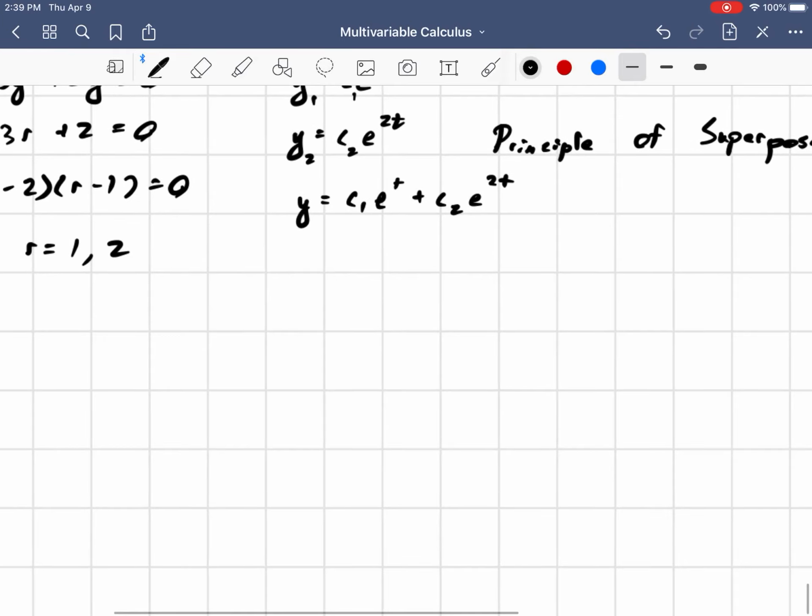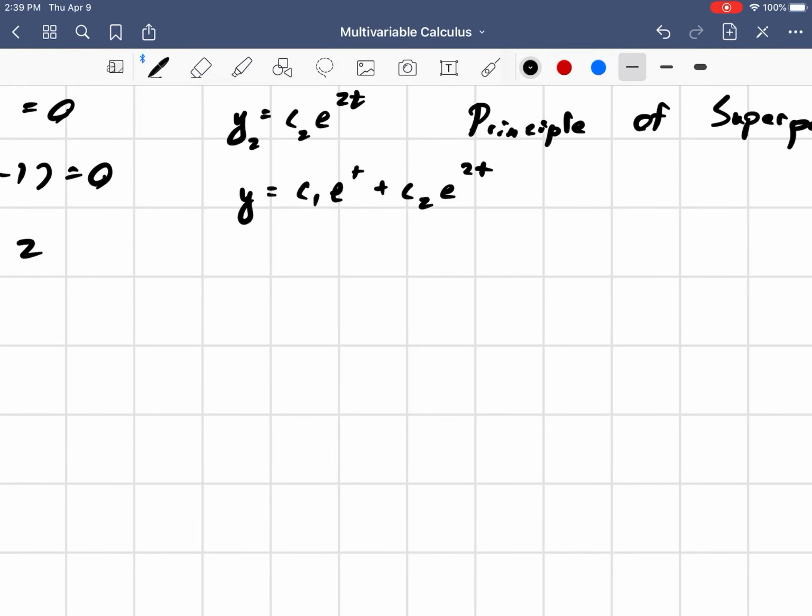And I probably should show plugging this in. Let's plug it in just so I can show you, and you can prove this in general for yourself, that any linear combination of this form, some constant times e to the t plus another constant times e to the 2t, that's a linear combination of e to the t and e to the 2t.